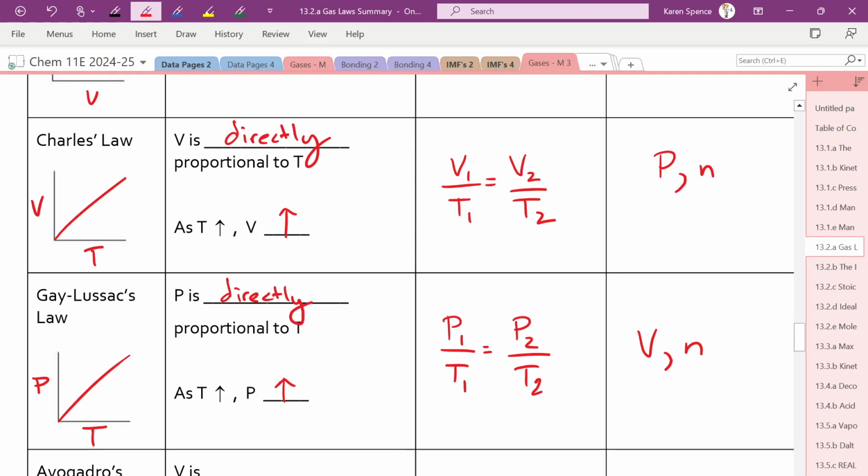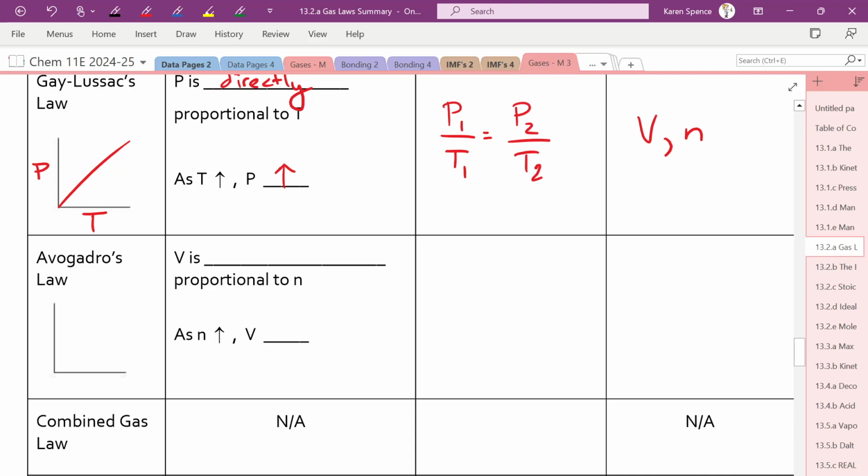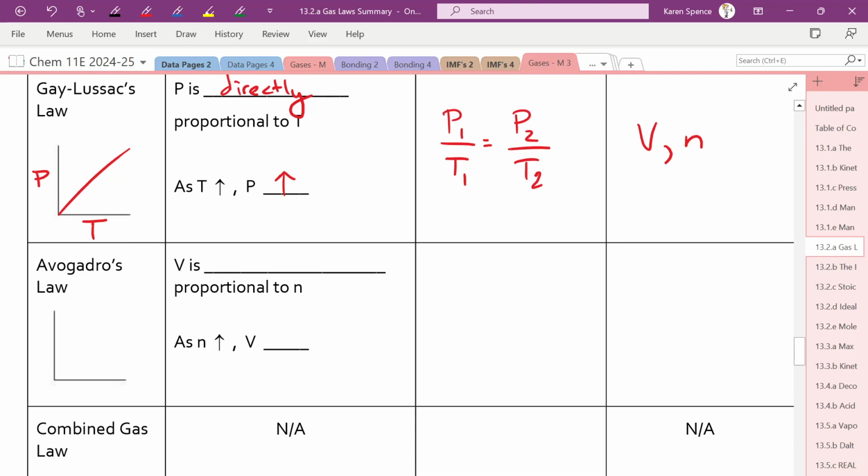Are these making sense? Yeah? Okay, good. Because then we're going to take them and we're going to put them in the combined gas law, which is always fun.